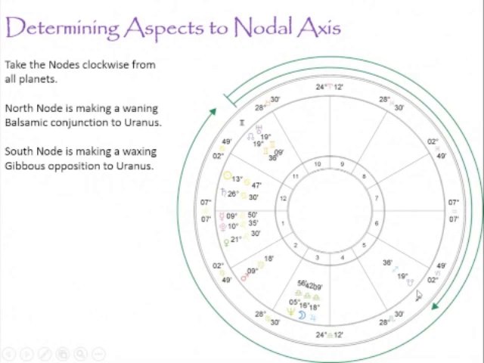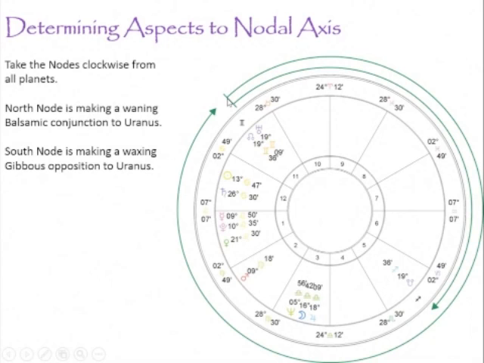And the south node is making a gibbous opposition to Uranus. That south node is at 19 degrees Sag, 36 minutes. If it reversed itself back to 19 Sag, 9 minutes, it'd be exact opposition to Uranus. If it moved back to 18 degrees Sag, it'd be a full phase opposition.